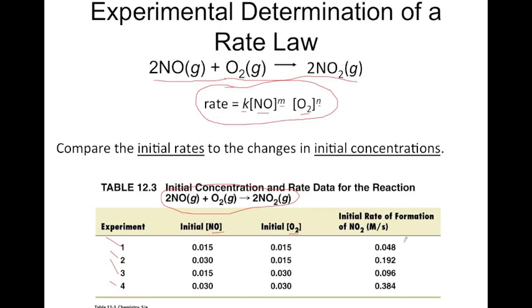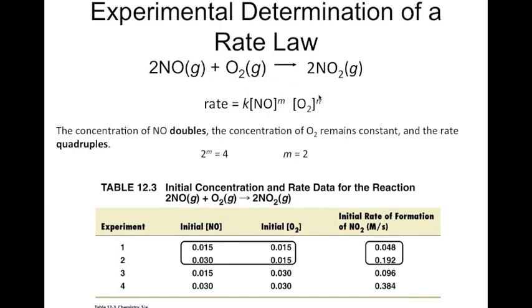And then we measured the rate early on, so our initial rate, for each of these reactions. So this is the experimental data that we produced when we performed this reaction 4 times at different concentrations. We're going to use this data to determine what these orders, here M and N, are.